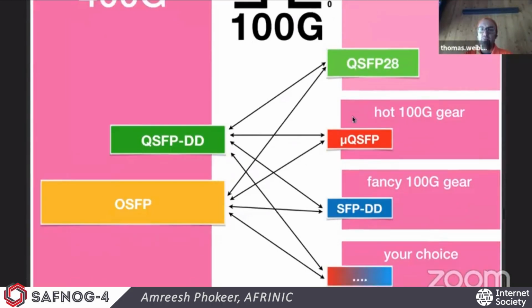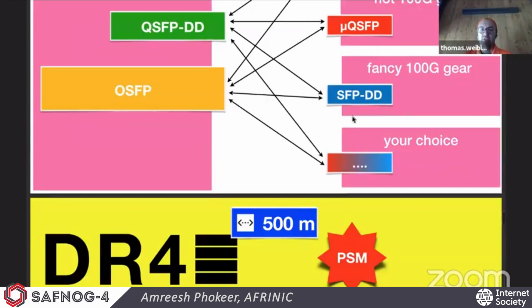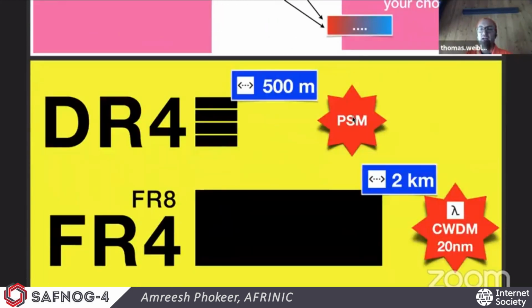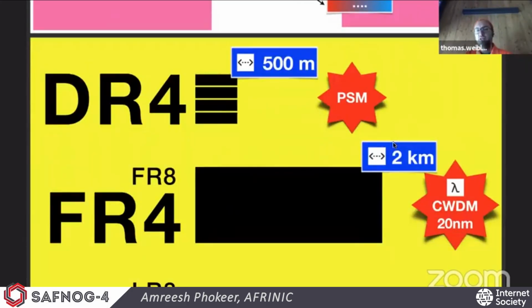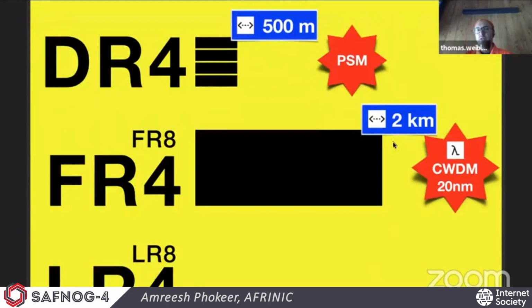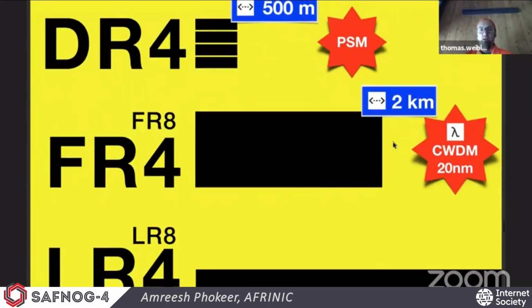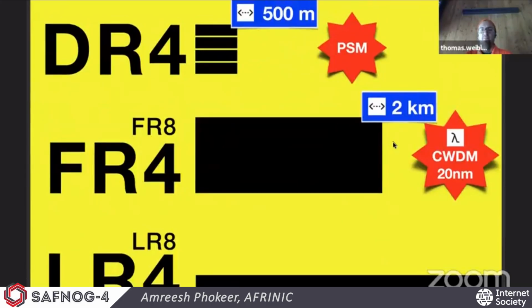Now, when it comes to definitions of the IEEE in terms of link length and wavelengths used, things have changed a little bit. In the 100 gigabit, only talking about single mode now, only LR4 was defined by IEEE. So really important, I'm just talking about single mode now, not about multimode.